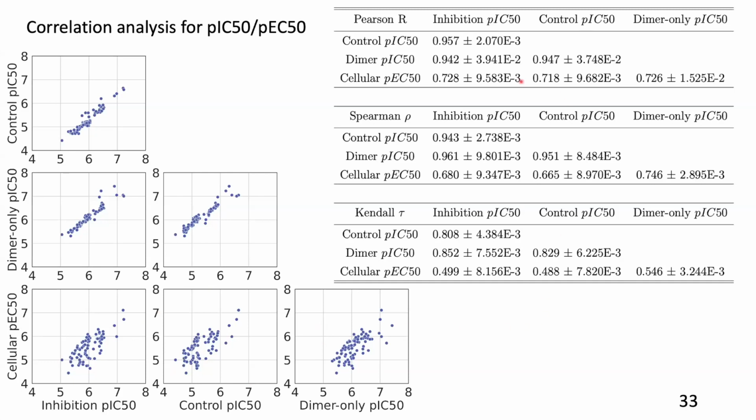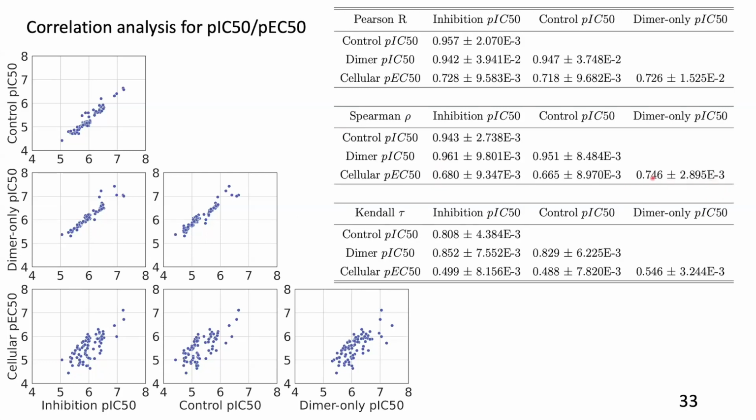The key point here is that if you look at the correlation metrics, you get the best correlation with the cellular PEC50s with the dimer only, although they're comparable if you compare the inhibition PIC50 and the dimer-only PIC50. And if you look at other metrics, the Spearman rho and Kendall tau are more about rank correlations.